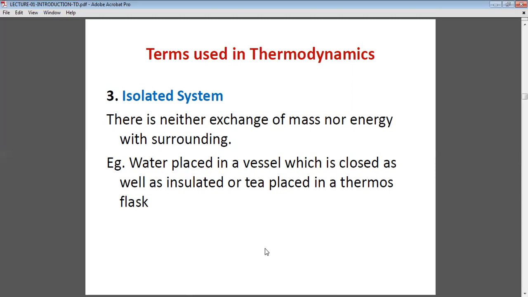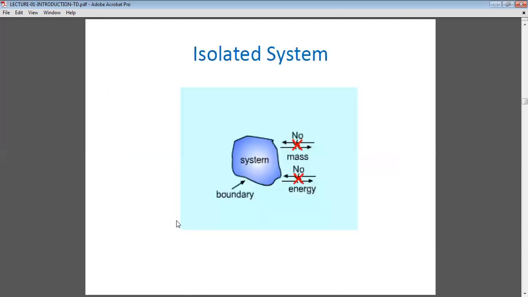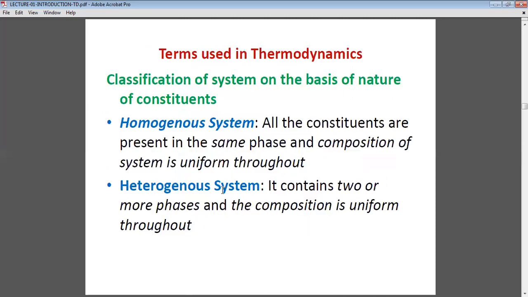Some examples of open system are an air compressor, in which the air enters at low pressure and leaves at high pressure, and there are energy transfers across the system boundary. Whereas for the closed system, an example is a certain quantity of fluid in a cylinder bounded by a piston. And the isolated system is one in which there is no interaction between system and surroundings, meaning no mass transfer and no heat transfer.